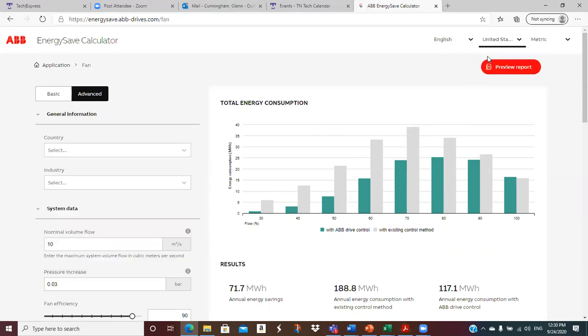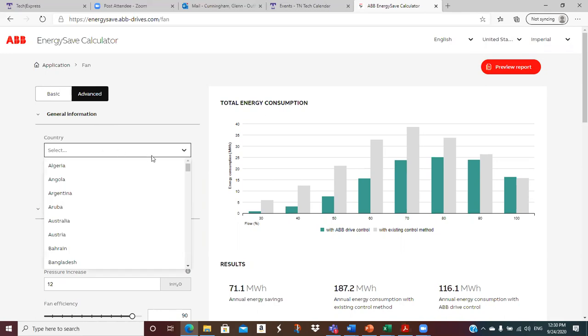Wow. Well, we sure don't want metric. Get out of that. All right. General, but we don't show up over here? That's weird. Oh, well.